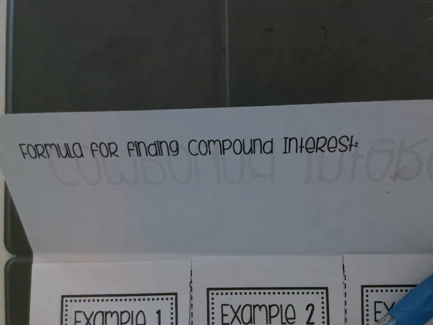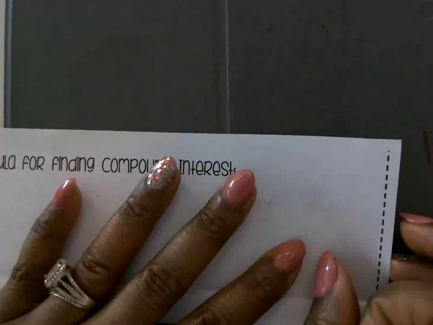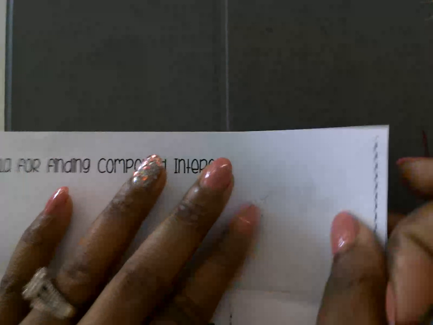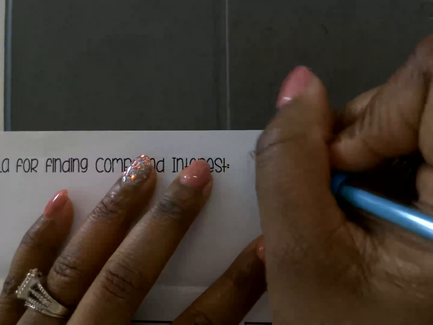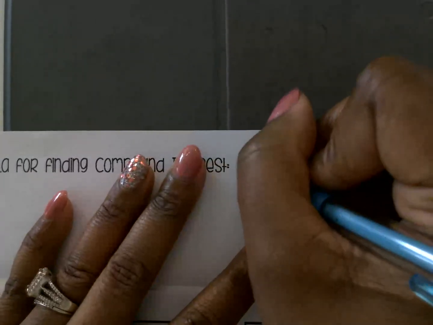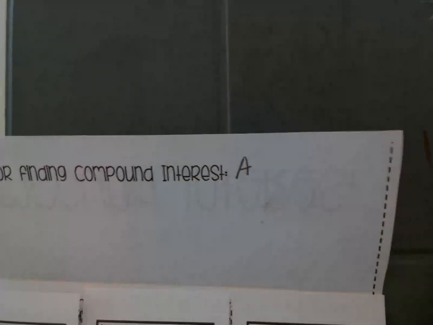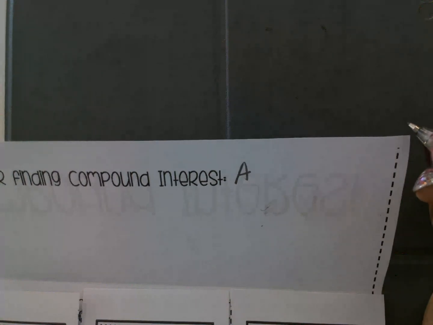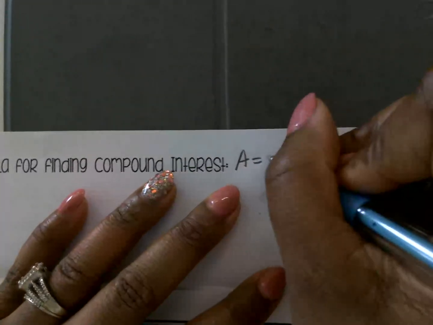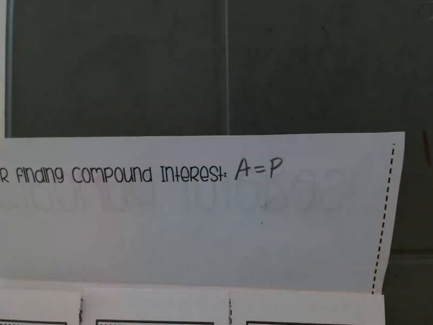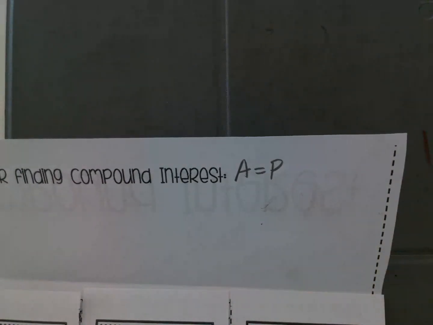Now there is a formula for compound interest, and this is how the formula goes. Most of the time they use the letter A, but you can write Y. Don't get so fixated on a letter. It means the same. It's going to be the total amount of money. Equals P. P is the same as A was before.